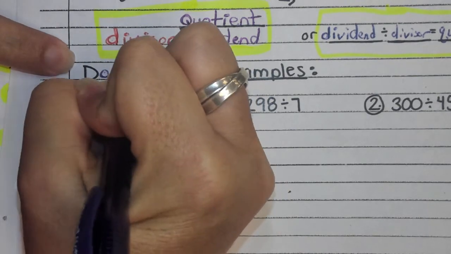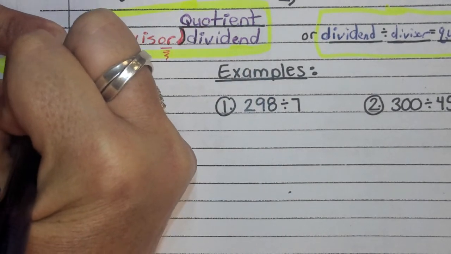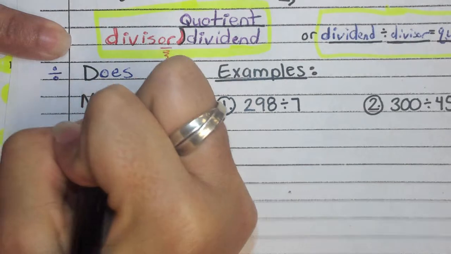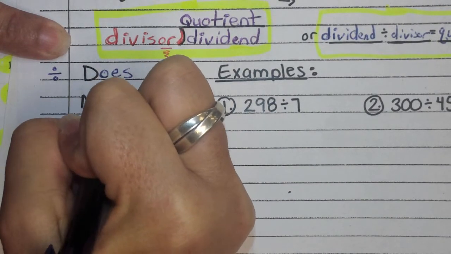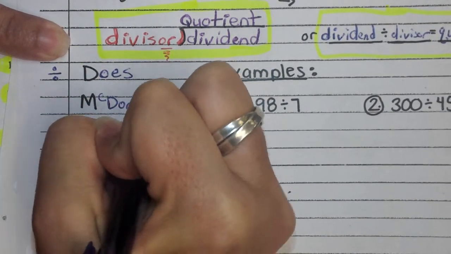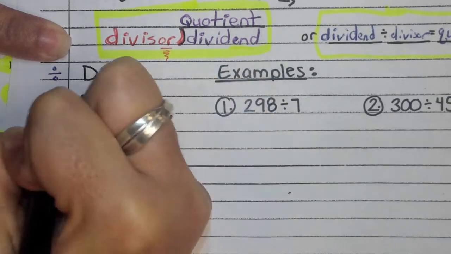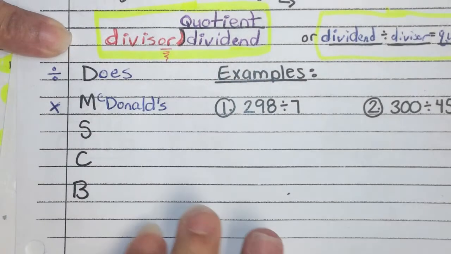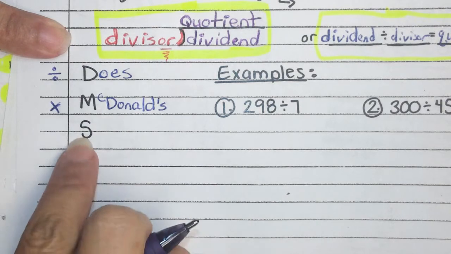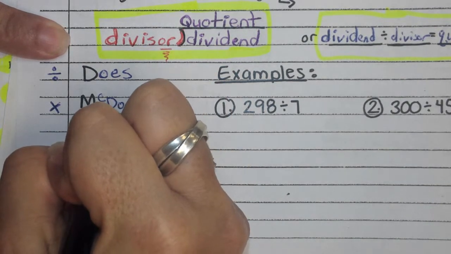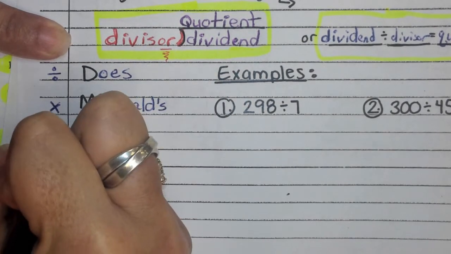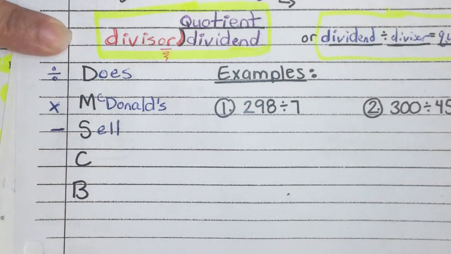D stands for divide. The M for McDonald's is for multiply. S is for sell. Okay, it means subtract.